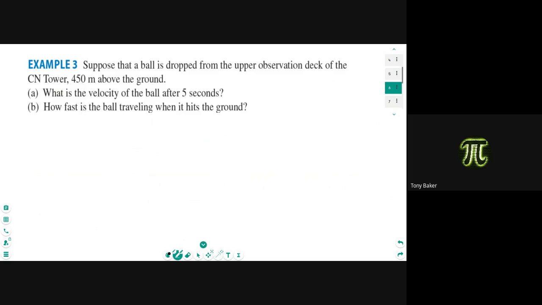Suppose a ball is dropped from the upper deck of the CN Tower, 450 meters above the ground. What is the velocity of the ball after 5 seconds? All right, who's taking physics? What's the formula for, what is the equation of motion?